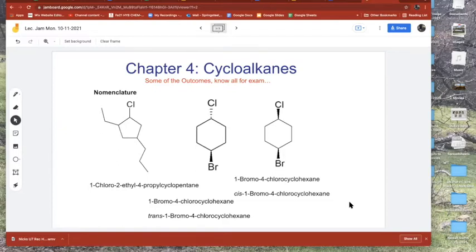It looks like the chlorine was labeled carbon 1 there, and then 2, 3, 4, 5. So why do you think the chlorine got 1 and the ethyl 2? Why didn't we go clockwise, like 1, 2, 3, 4, 5 that way? Let's draw that out and think about it.